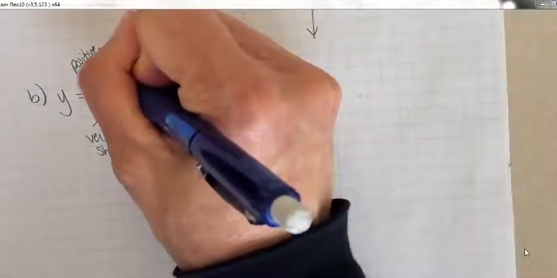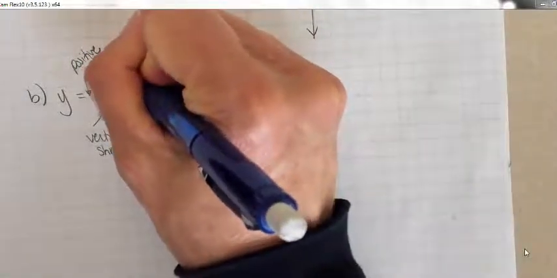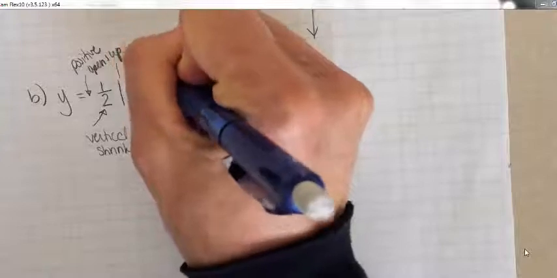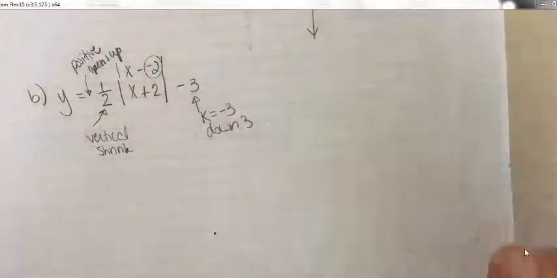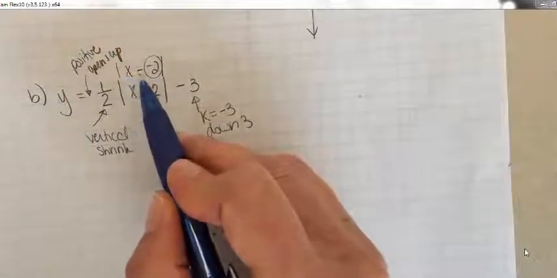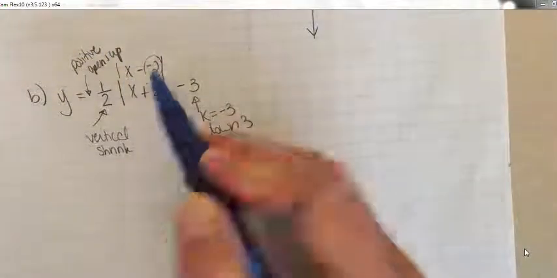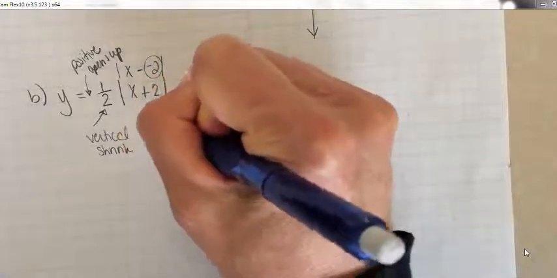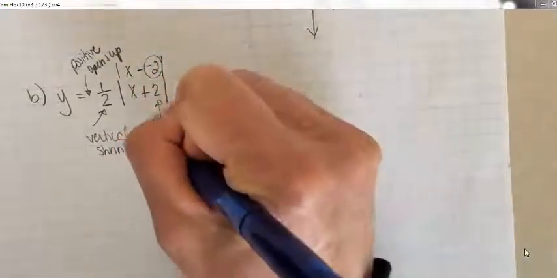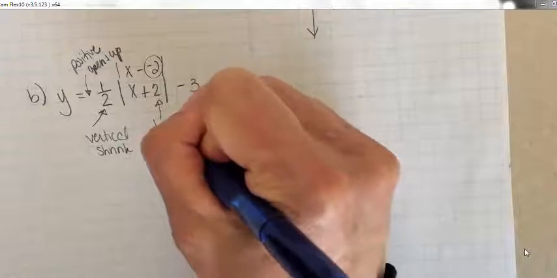Or you can think of it like this: this is really the absolute value of x minus a -2. So what is h? Oh, h is that -2 because it's x minus h. Okay, so here, h is equal to -2, so that means we're going to go left 2.